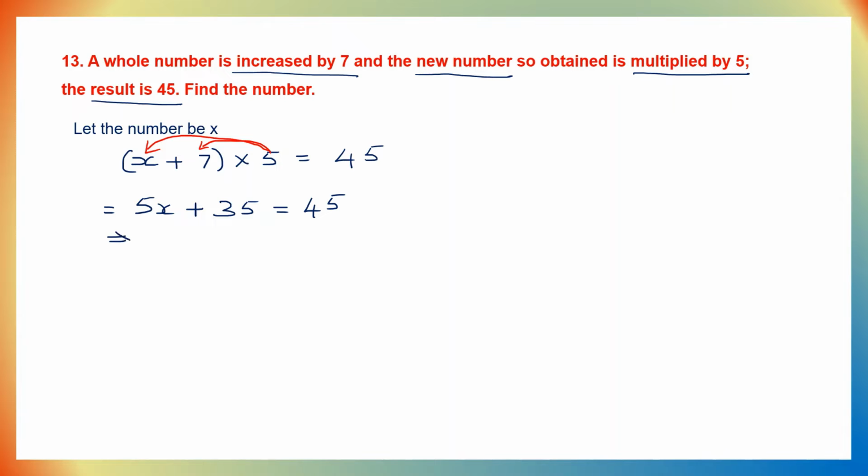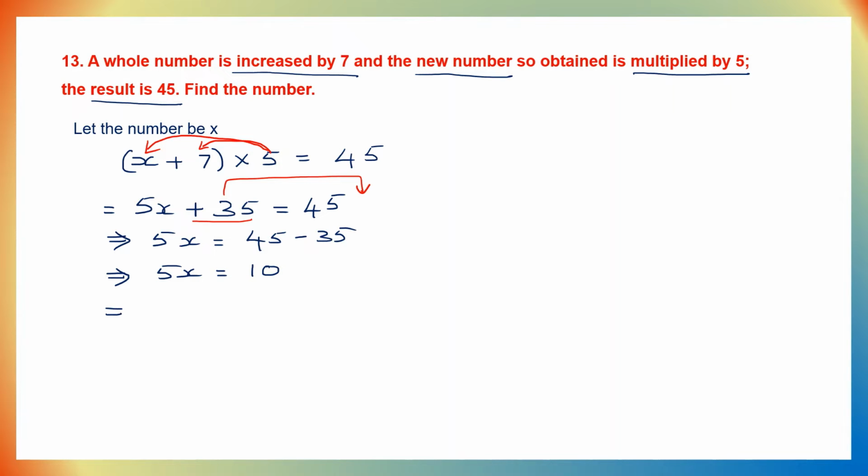Now let's find 5x. 5x is equal to 45 minus 35 because I have transposed plus 35 from the left side to the right, so it becomes minus 35. So 5x is equal to 45 minus 35 is 10.